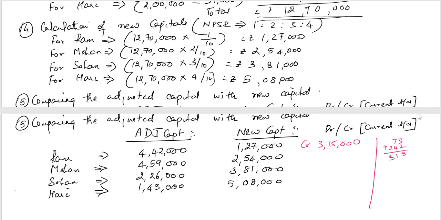For Mohan, we need to credit the current account again with 2,05,000. For Sohan, we need to debit the current account because the adjusted capital is less than the new capital.